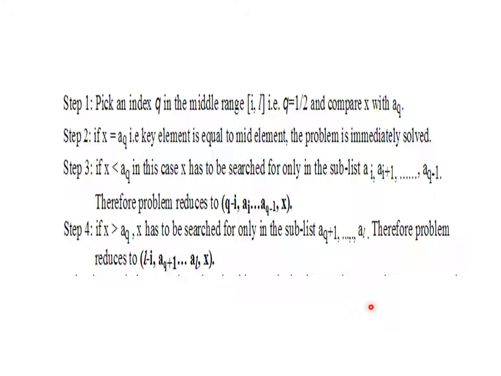If we take the lower index value as 1, that is better for implementation, and the higher index value as 8, then 1 plus 8 divided by 2 is equal to 4. It is not 4.5, because index values are integers and we don't consider the fractional part.